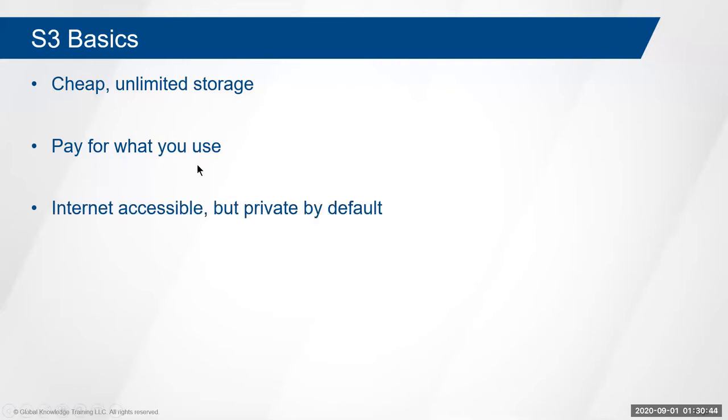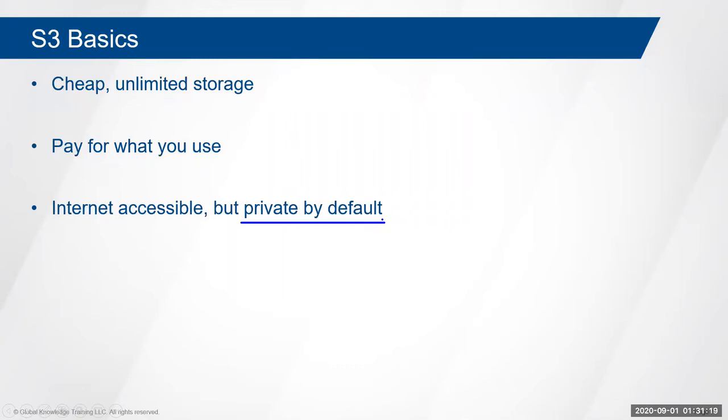Now, internet accessible but private by default. This is an issue that many people run into when they first hear about the cloud. The general idea of, I'm not putting my stuff up there because anyone can access stuff on the internet, is completely and utterly wrong. When I talk about it being internet accessible, every object that you upload in S3 does get its own web address, meaning if you have permissions, there's the private by default portion that I just mentioned, you do have the ability to access it.